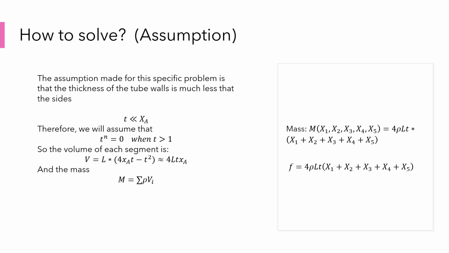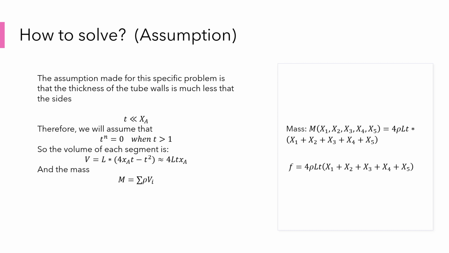The t to the power of 2 is equal to 0 here, so we are going to neglect it. We will just use this part to calculate the mass of this beam. And we also know that the mass is going to be calculated by the multiplication of the density and the volume of each segment.